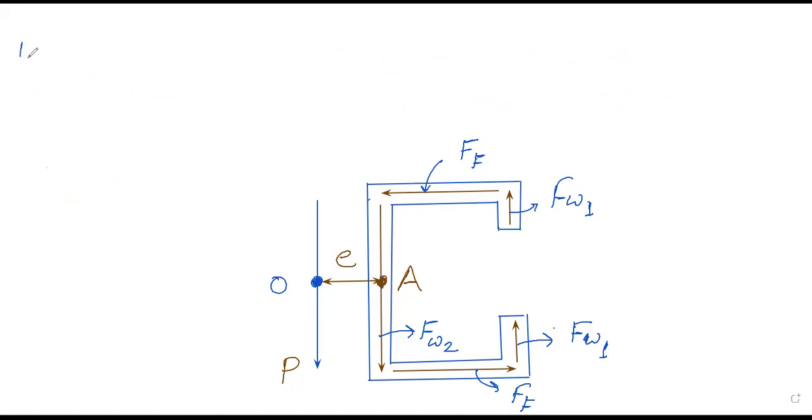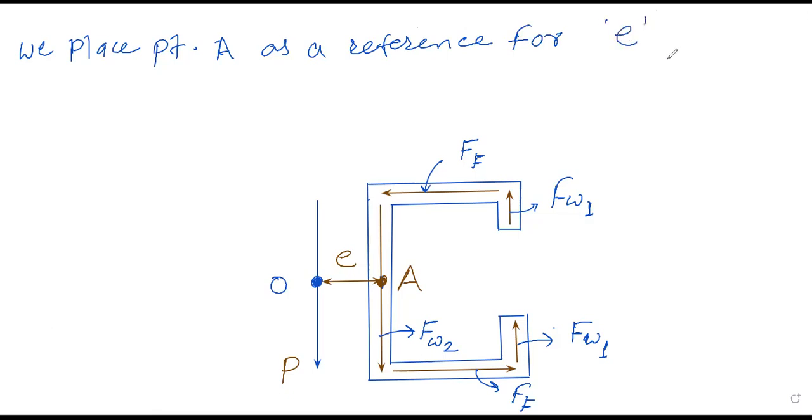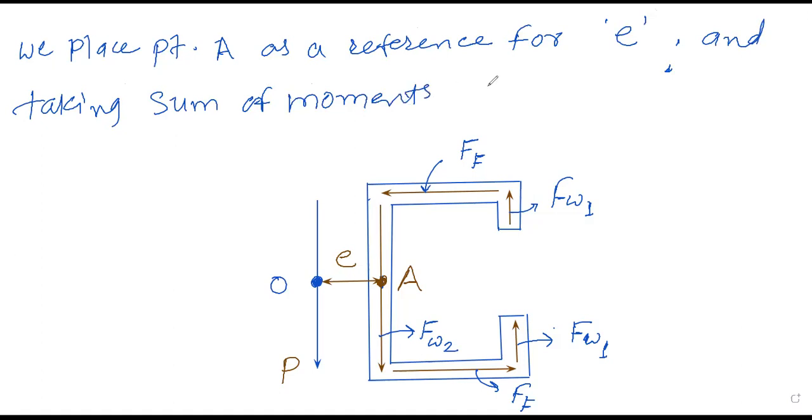Now we place point A as a reference point for calculation of E, and take the sum of moments about point A. Now we take the moment about point A. If we look here, the force FW2 passes through point A, so what will its moment be? Zero. Right.